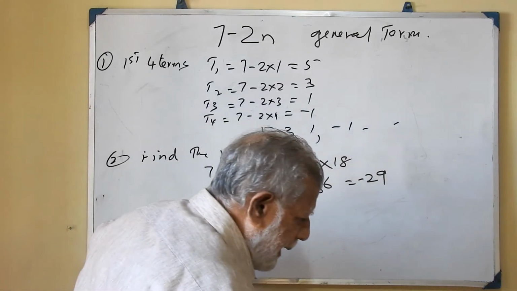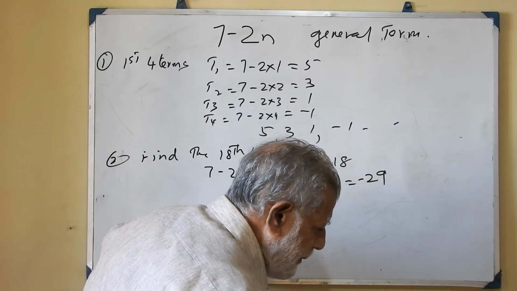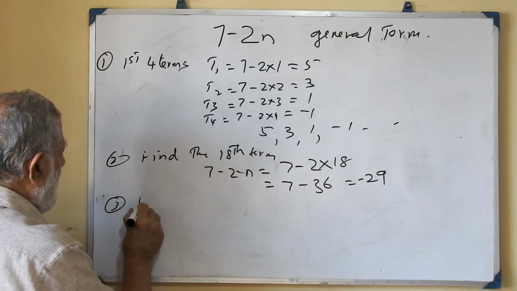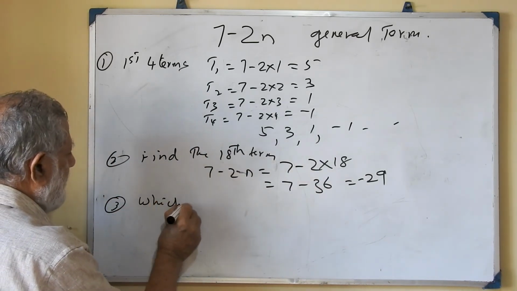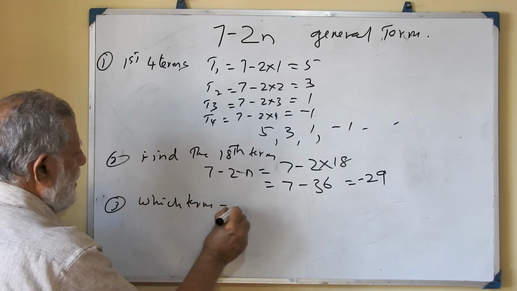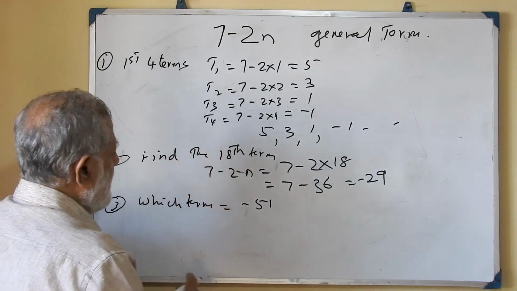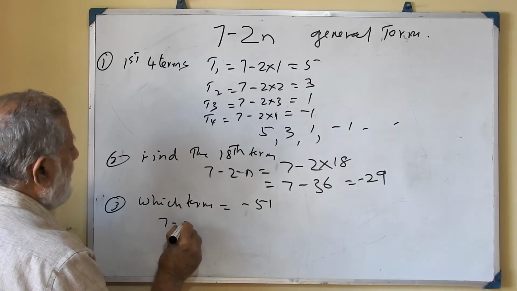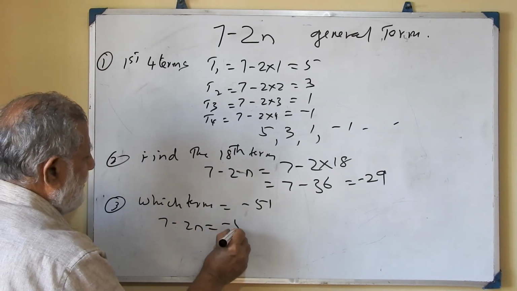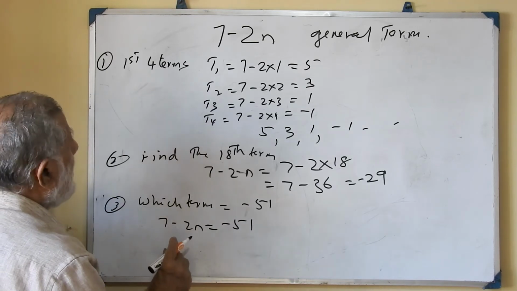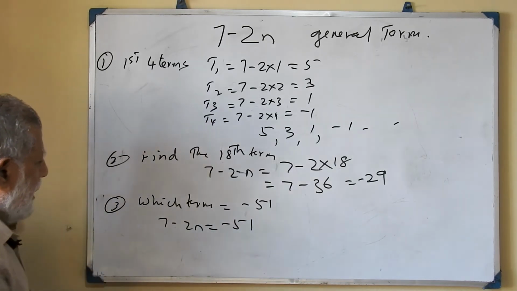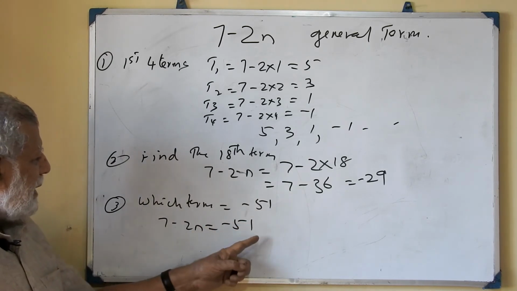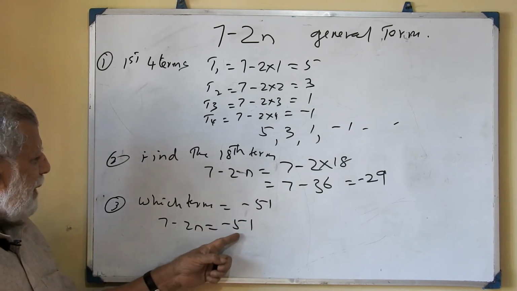So the other question is, which term equals minus 51? The same formula you take. 7 minus 2n is equal to minus 51. Here you are getting a minus 2n, so bring the minus 2n to that side and bring the minus 51 to this side.